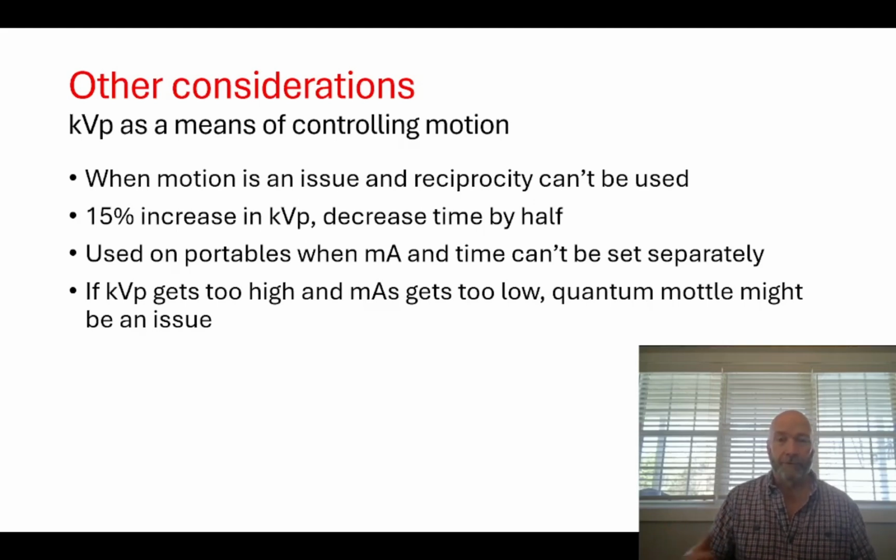So if you're a student and you set your exposure factors, I'm going to tell on your technologists here: if you set a specific kVp and your phototime, and the technologist comes in and looks at your control panel, let's say you're doing a chest x-ray on a hypersthenic patient and you have 110 kVp set, and they increase your kVp to, I don't know, say 115.